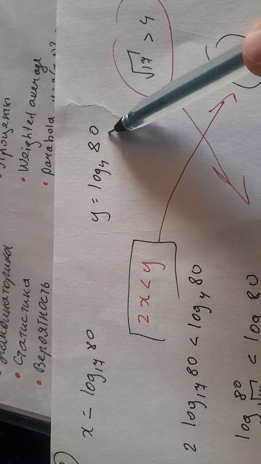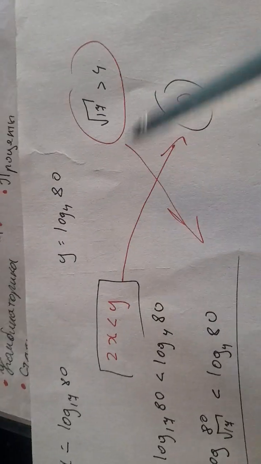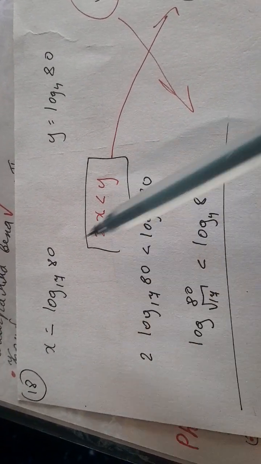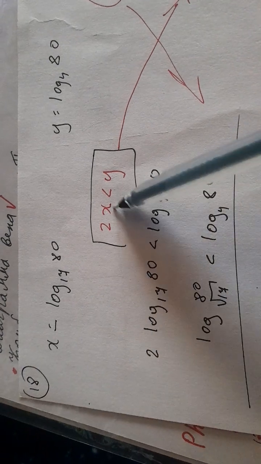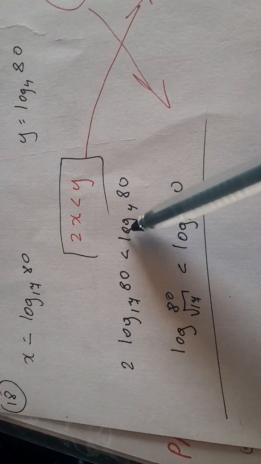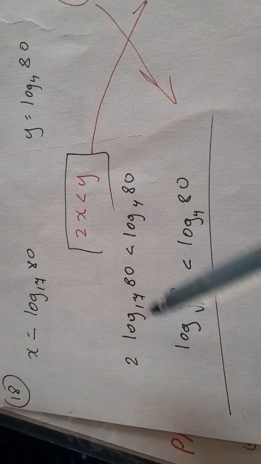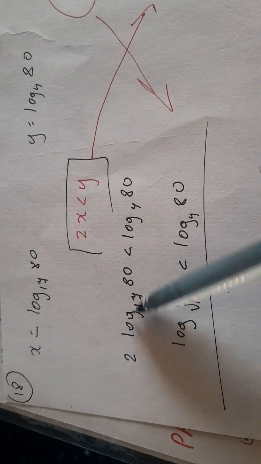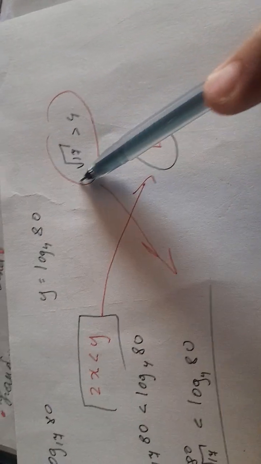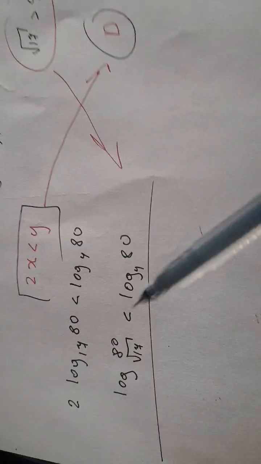The last question, we know that we have x as log 17 base 80 and y as log 4 base 80. In the answer we have this. It means instead of x we're writing this, 2 log 17 base 80 is smaller than log 4 base 2, because this goes as a root square of this. We know that this is higher than this.